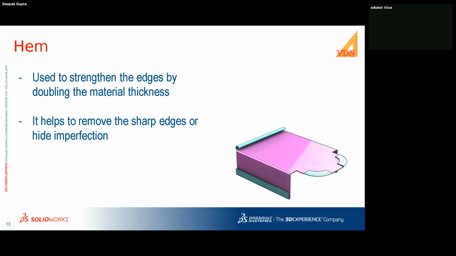Sometimes hems are used to take off the sharp edges along the edges, or sometimes, if we are not using a laser machine but simple sheet metal cutting tools, which were used in older days and some are still used, especially with the parts which are being formed, we get a rough edge or slight imperfections along the edge.